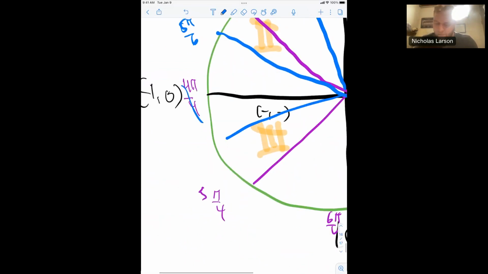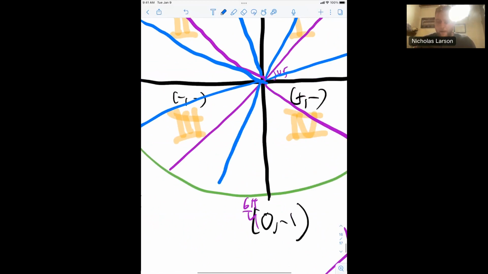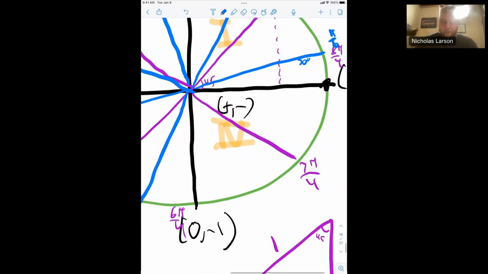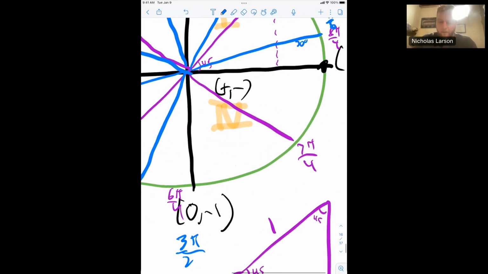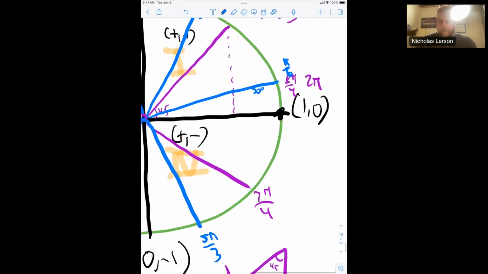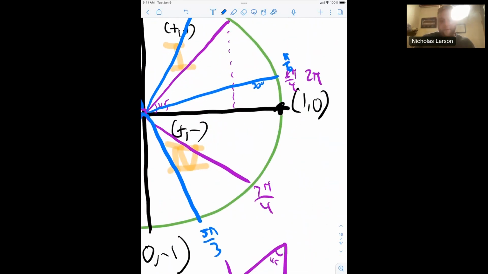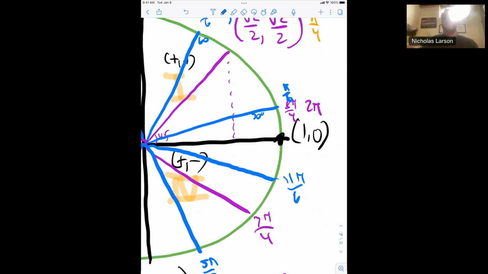Then we've got 7 pi over 6, 8 pi over 6, which again is 3 pi over 2, 9 pi over 6, which we already said was 3 pi over 2, 10 pi over 6, which we can simplify to 5 pi over 3, 11 pi over 6, and then 12 pi over 6 gets us back to our 2 pi.